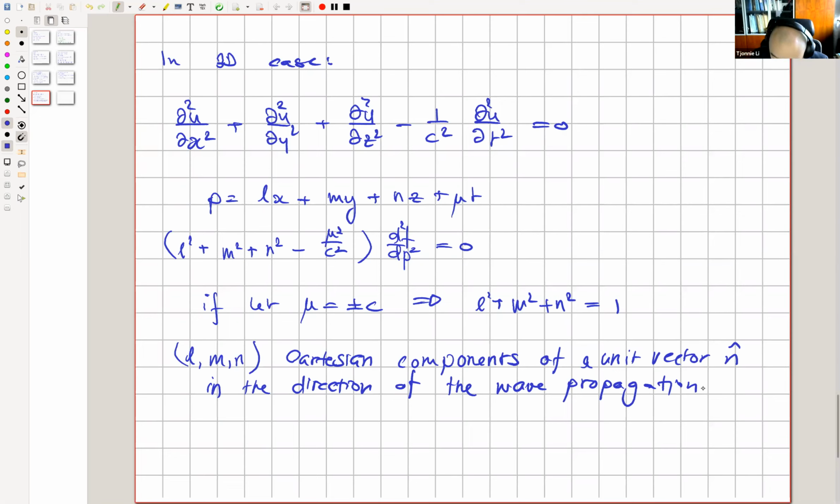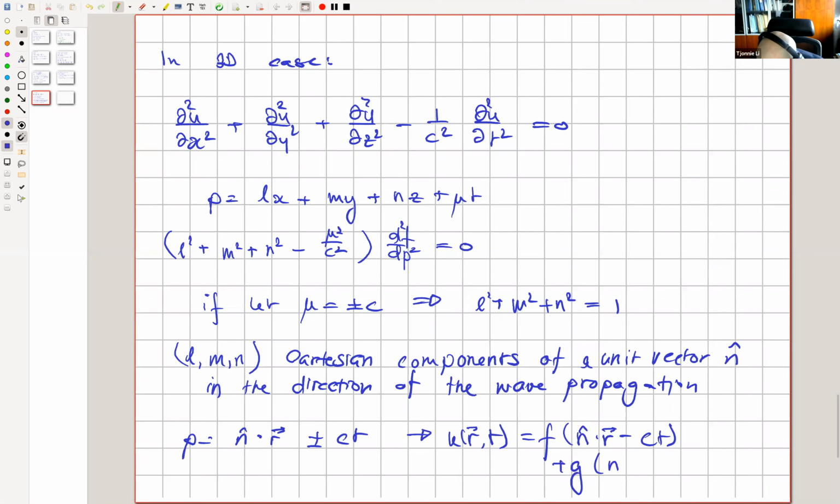In such a way that now, I can write p as n hat dotted with r, where r is a position vector, plus or minus ct. The full solution is just u as a function of r and t, some f of n hat dot r minus ct plus g of n hat dot r plus ct. Okay.